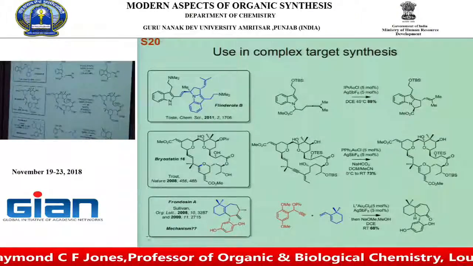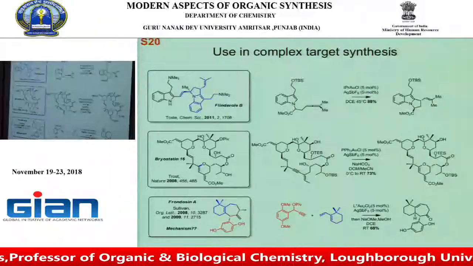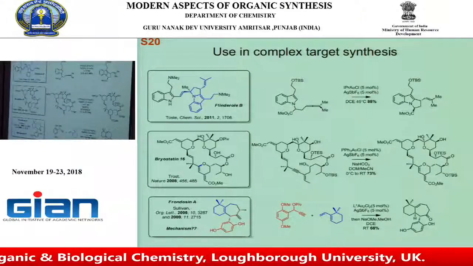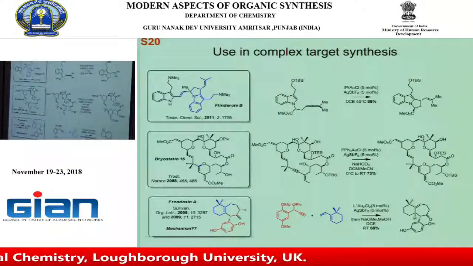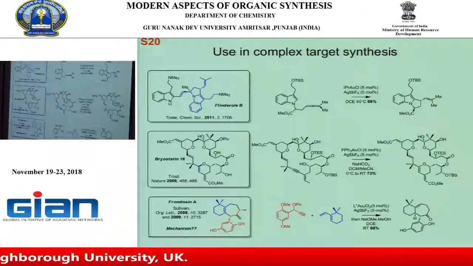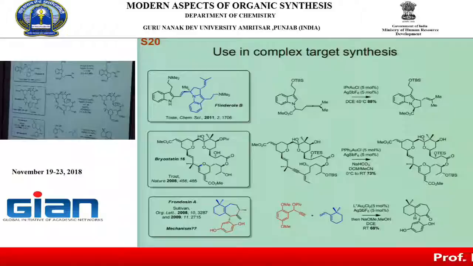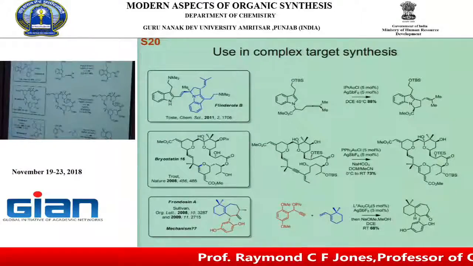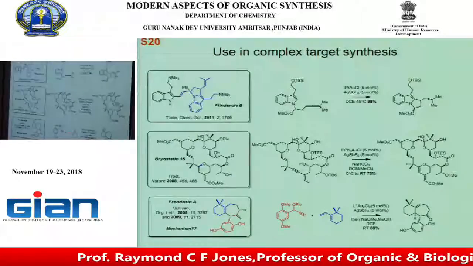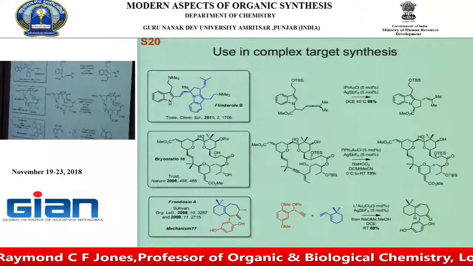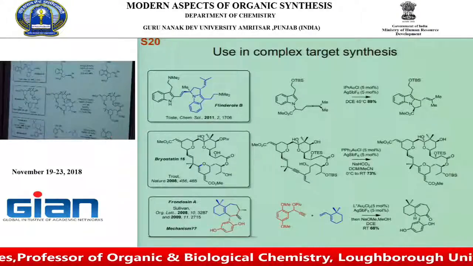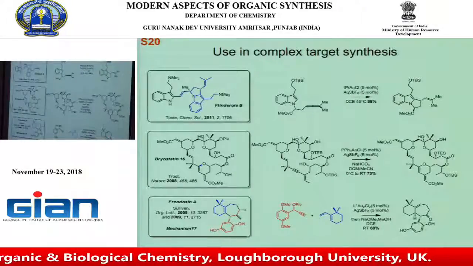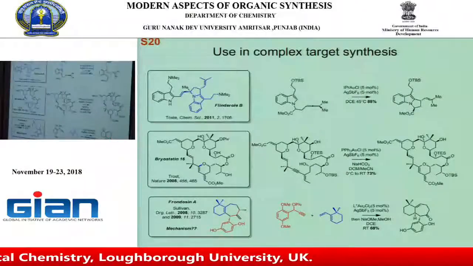Okay, so yeah, okay, so that's a carbonyl. I'm still lost. Oh, okay, right. So the top, this double bond has acted as a nucleophile towards the alkyne, and then that would give a double bond here.